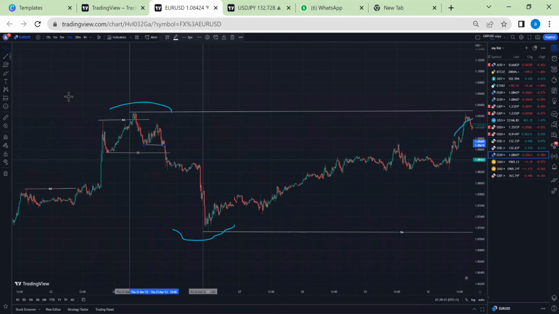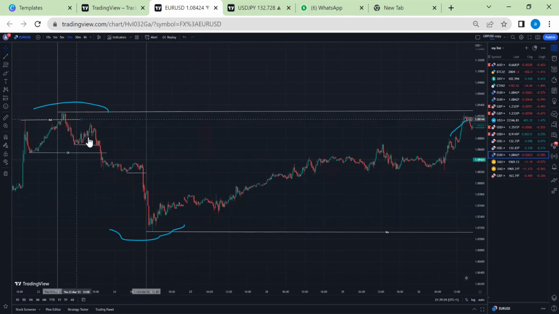Okay. Then we have another BOS right here. So this is a downtrend on 15 minutes time frame, but it's just a pullback on 4 hours time frame. That's what I want you to get.